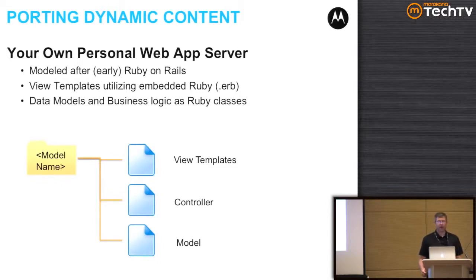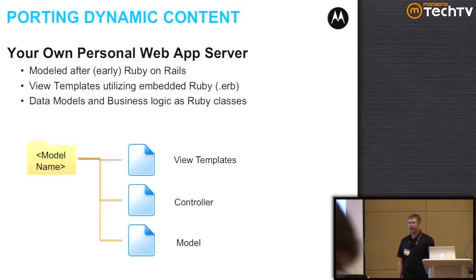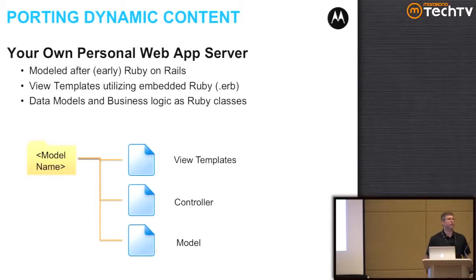You have controller files, right? And in those controller files, you have Ruby classes with methods. And finally, you have Ruby models or data definitions that are also Ruby classes.